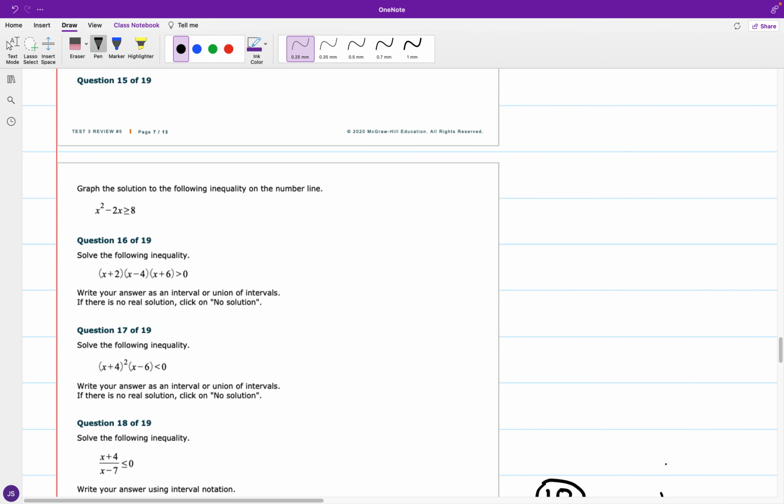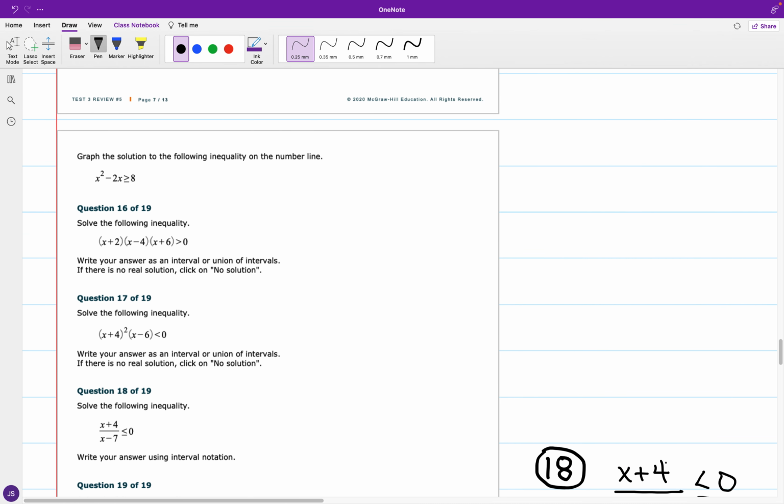All right, now for what we have in the case of number 16, let's go, I'm going to write this. So you got x plus 2 times x minus 4 times the quantity of 6 is greater than 0.